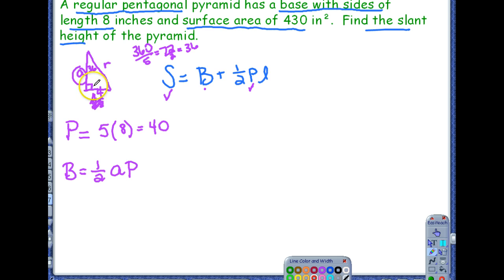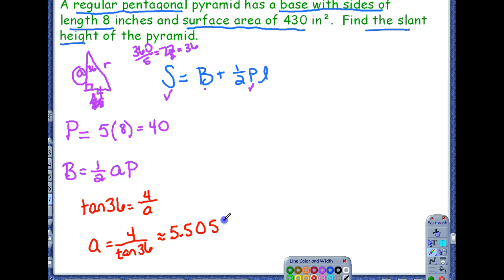I'm going to use the tangent of 36 equals 4 over a. When we cross multiply, the apothem is going to equal 4 divided by tangent of 36, which is approximately 5.5055. We're going to leave that big long decimal in our calculator.